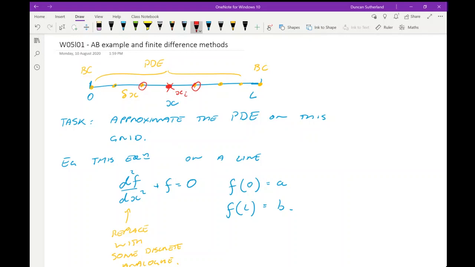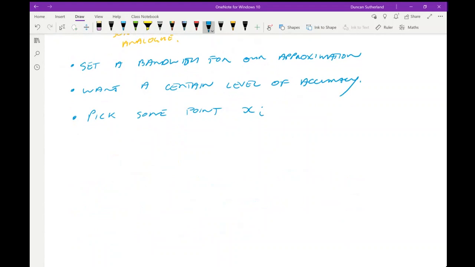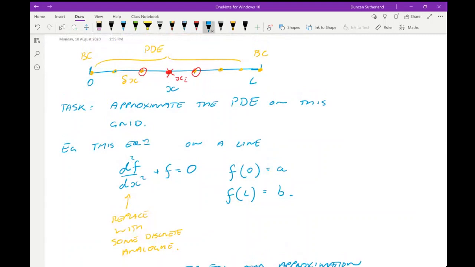The most instructive, classic method chooses these two. That's called the centered second order finite difference. So we're going to be looking at this set of 3 points, xi minus 1, xi and xi plus 1, to approximate our solution over this region.